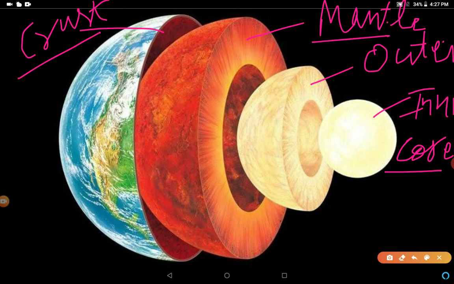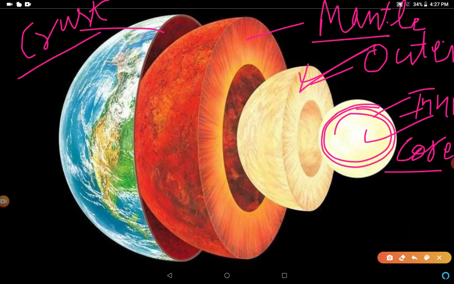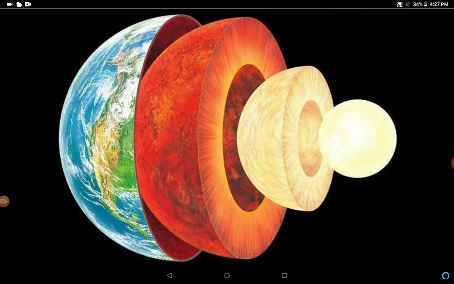These are the three layers. There are two parts of the core: this is the outer core, and this is the inner core, right? So this is the innermost part of the earth. This is the outer core. This one is the mantle and crust.